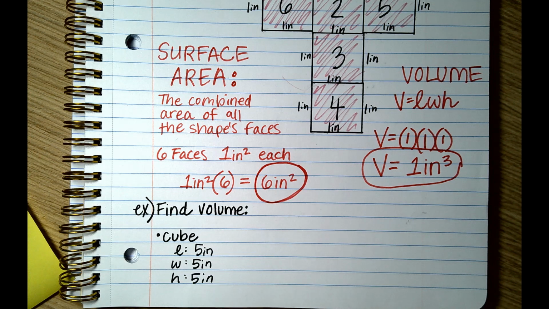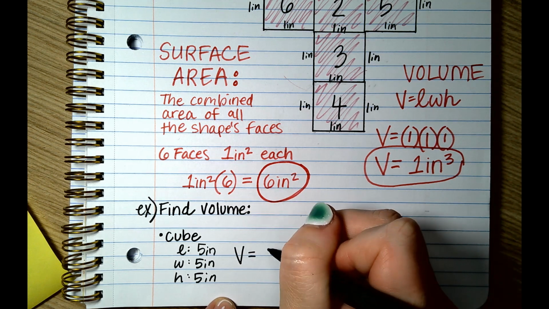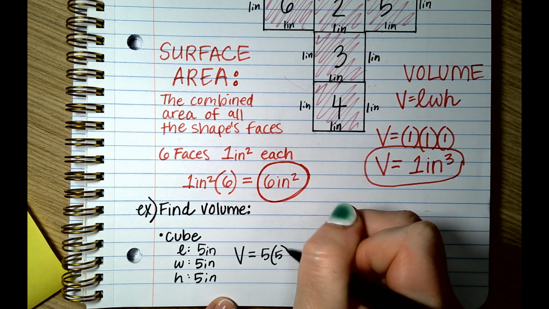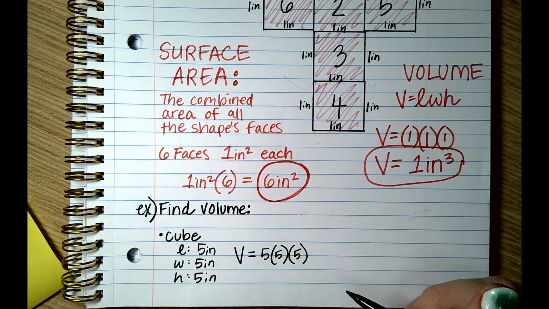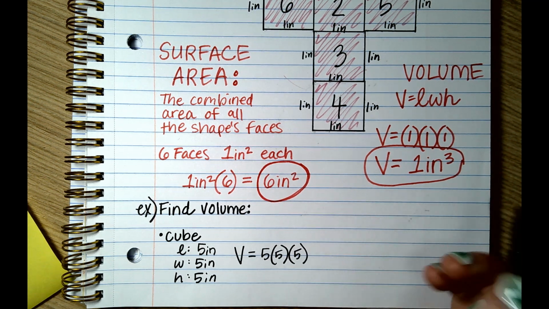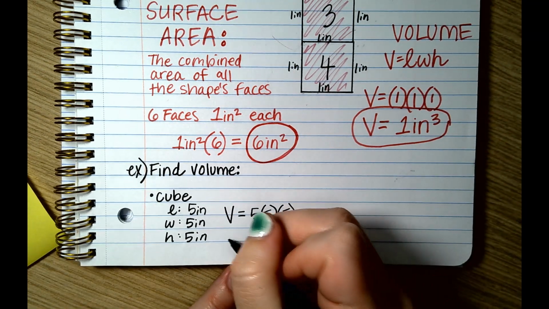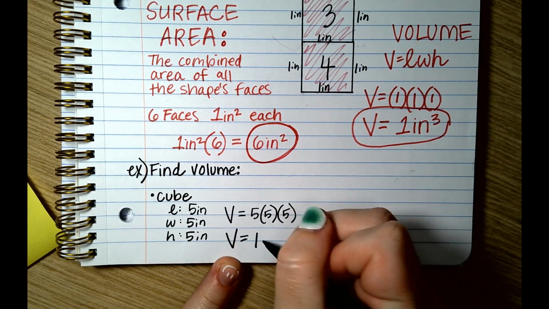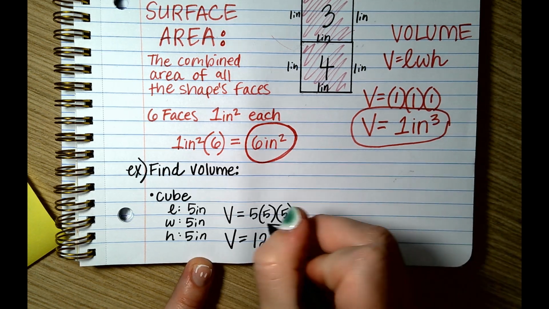How would I do that? 5 times 5 times 5. And what does that give us? 125 inches cubed. Good. Inches cubed.